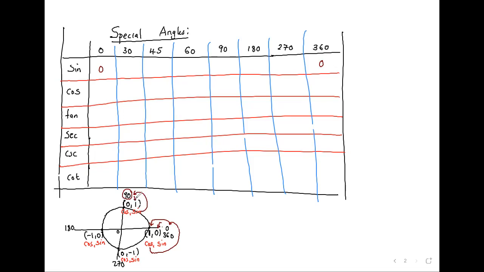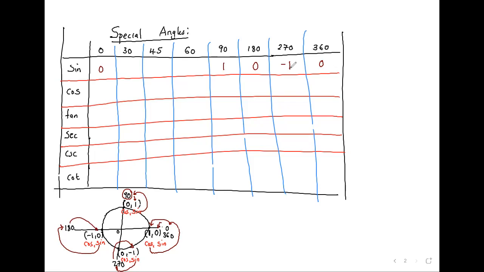Sine 90 is 1. And sine 180 is 0. Sine 270 is -1.